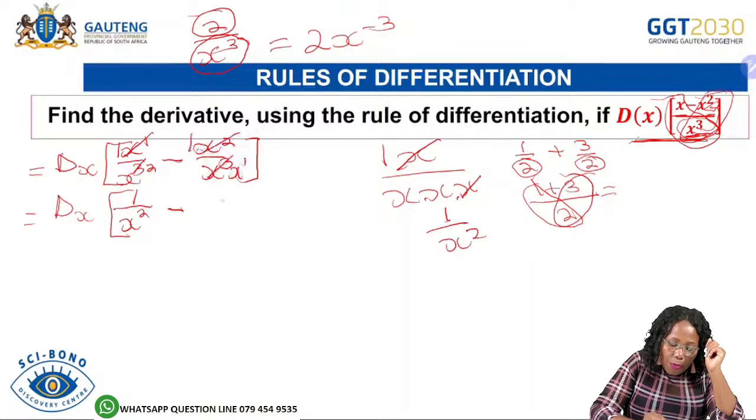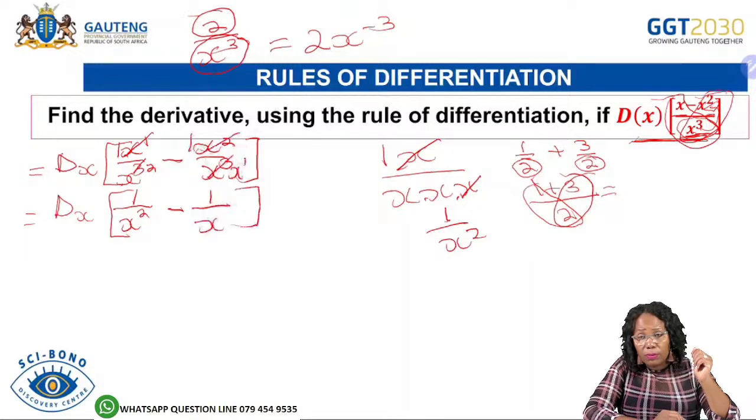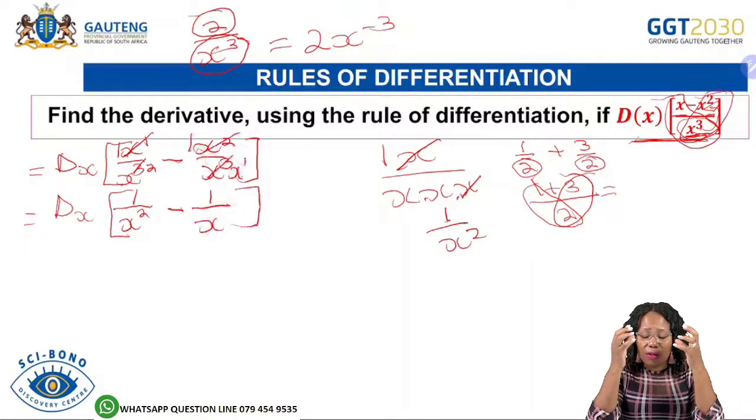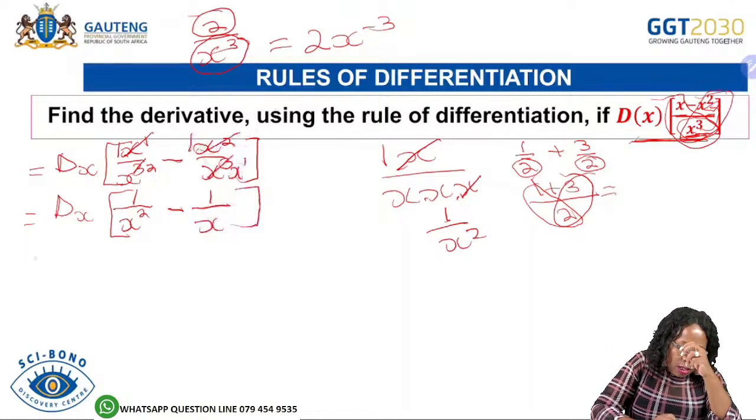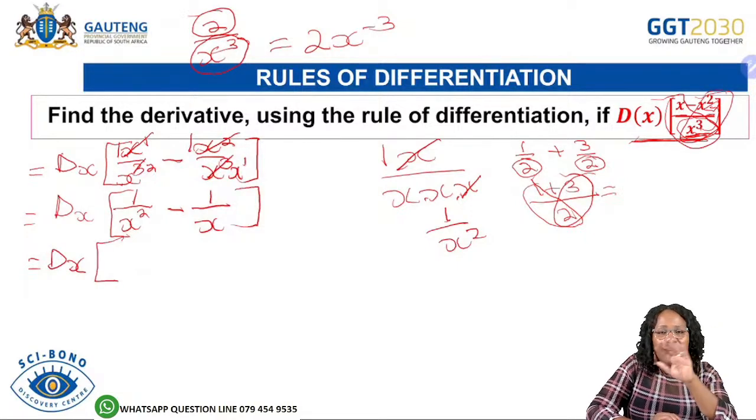So on top, you have 1. Denominator, you are left with x to the power 1 there. Right, we have now simplified this. After simplifying now, still you have a variable in the denominator. So we are going to take these variables to the top. So now we are not yet deriving, grade 12. We are busy simplifying.